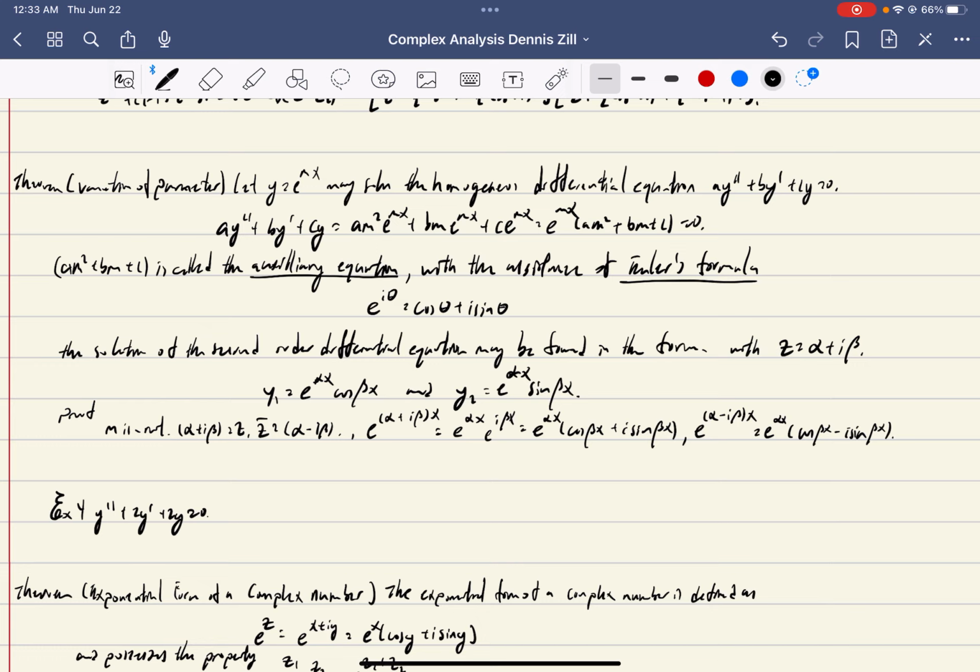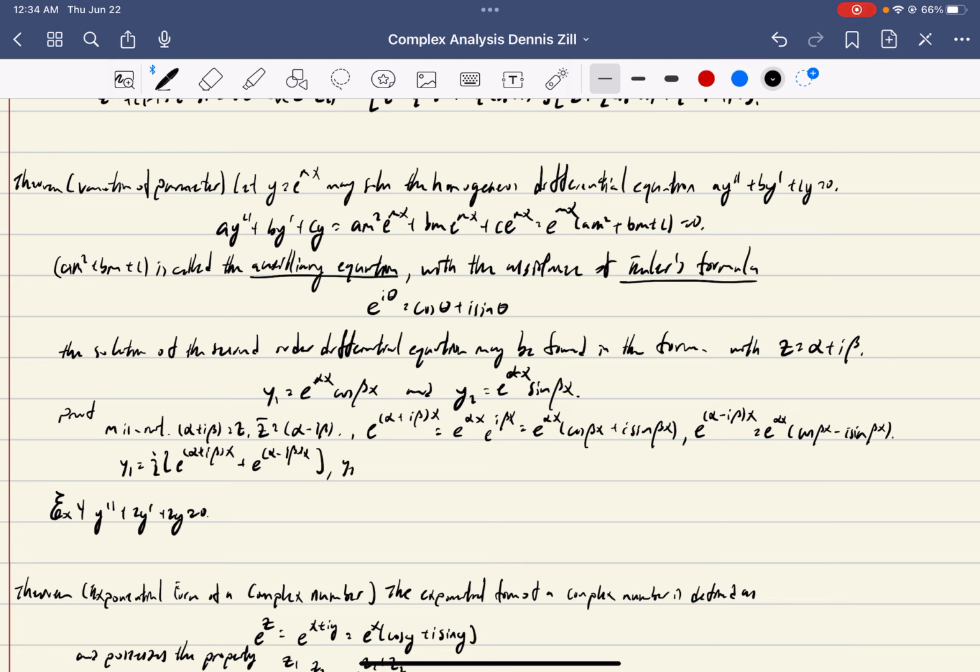And therefore we can write y1 as one half of the sum of these two: e to the alpha plus i beta x, and then you add e to the alpha minus i beta x, right?